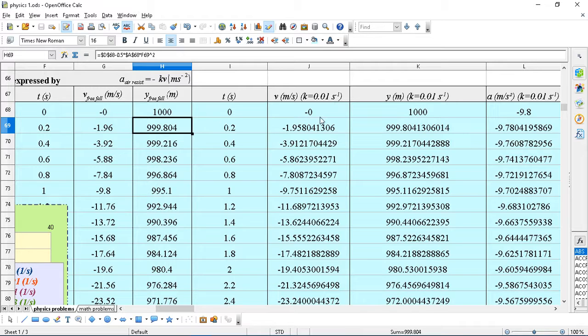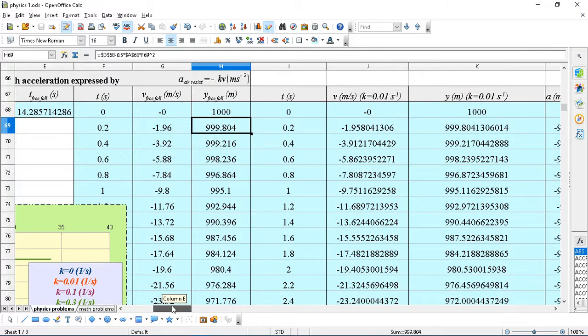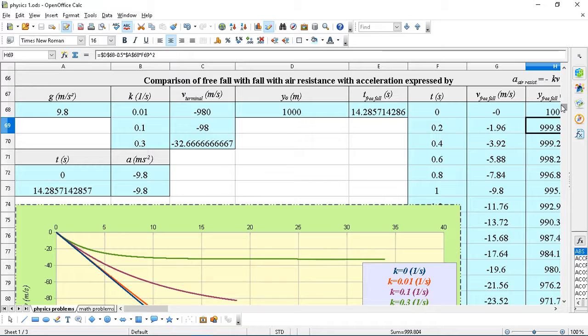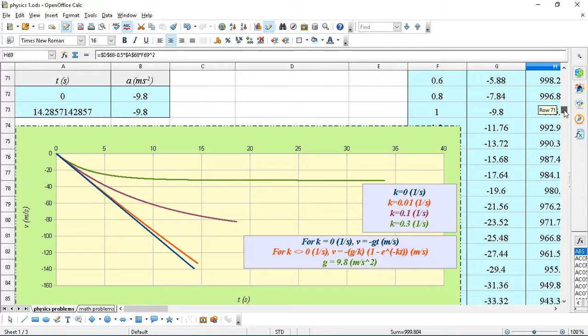Okay, so now we calculate the values for velocity and position for k equals 0.01 per second, or 1/seconds.